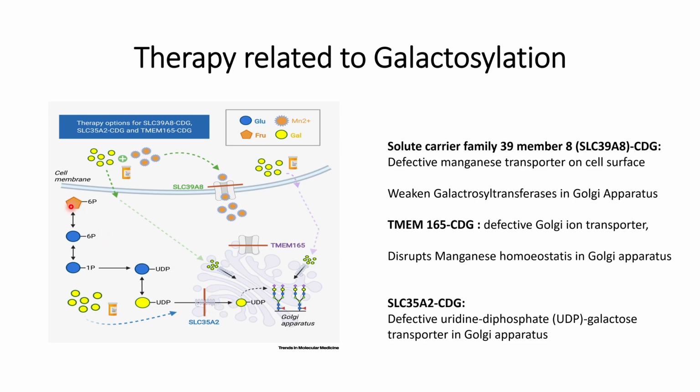So instead of the normal process that goes from fructose 6 phosphate to UDP formation, we can directly inject D-galactose into the cells so that it can go to the Golgi and perform its normal galactosylation process.